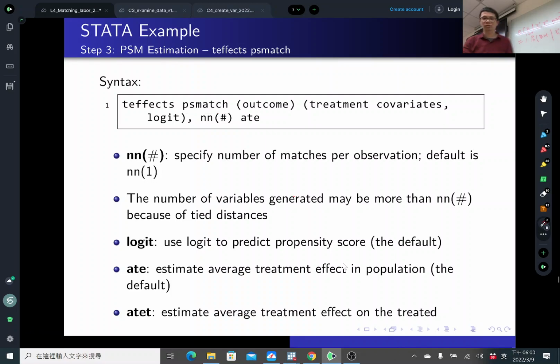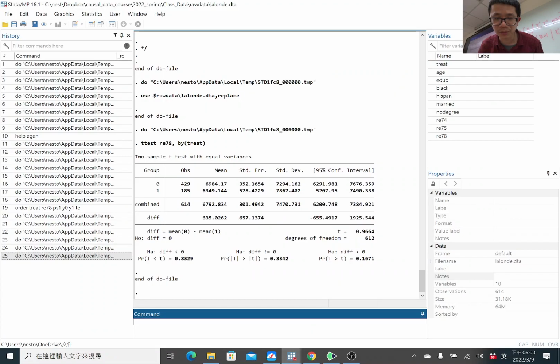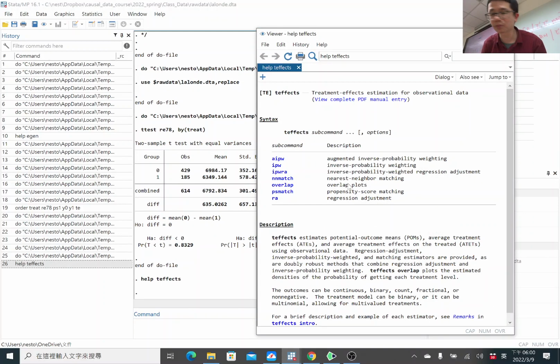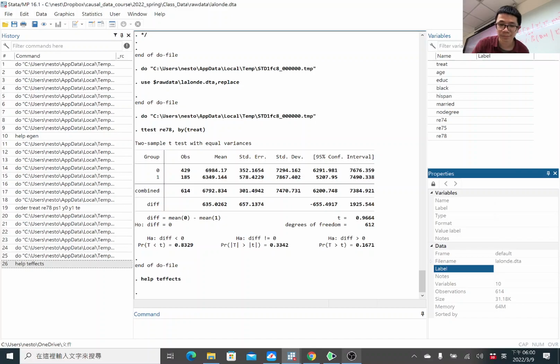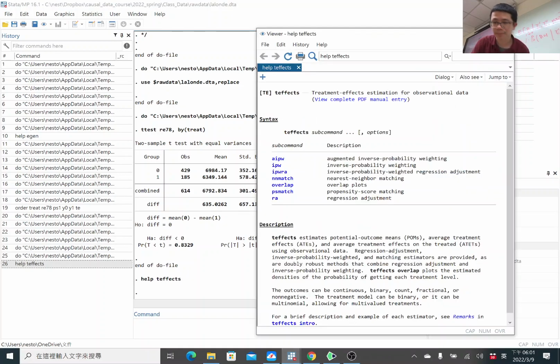But if you are interested in this, you can use help on teffects. They will let you know other methods, but I just focus on propensity matching. Okay.